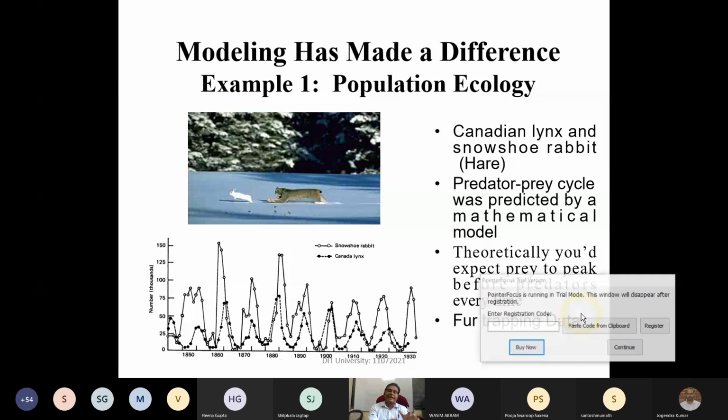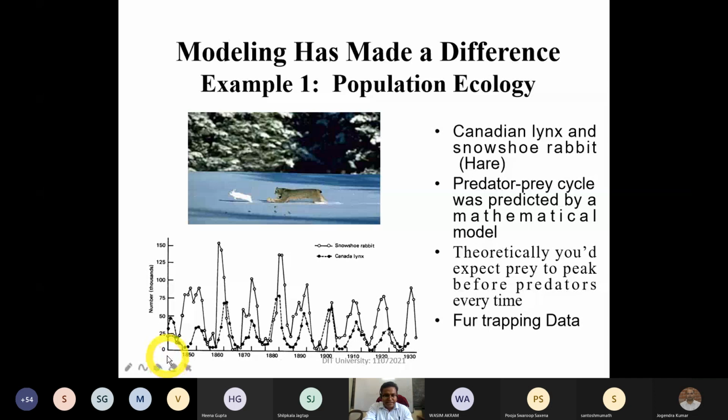The data has been collected from 1900, something like 1835, to 1934, and the data was like this. As you can see here, the bigger peaks, the hollow circles, represent the rabbit, the prey, and the Canadian lynx is represented by the filled circles.